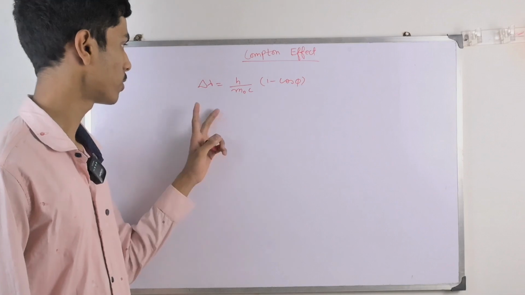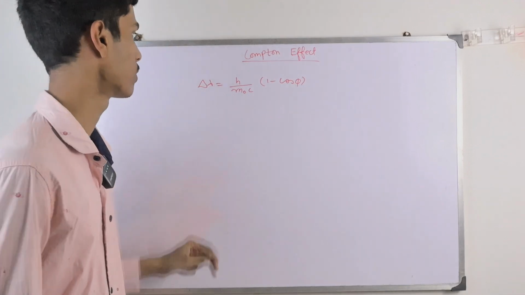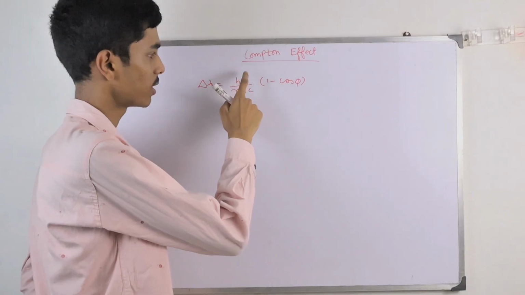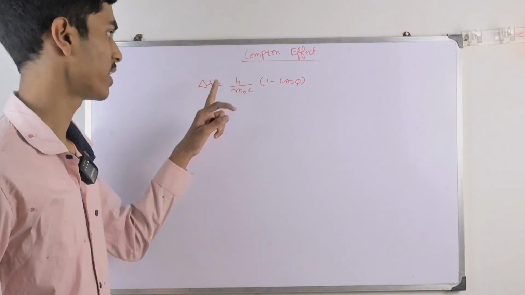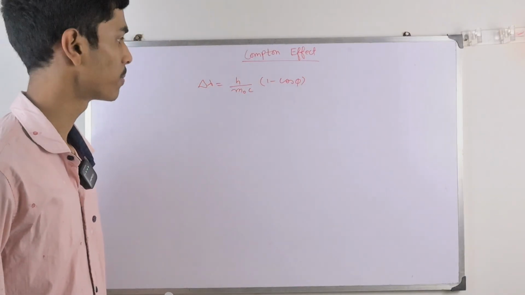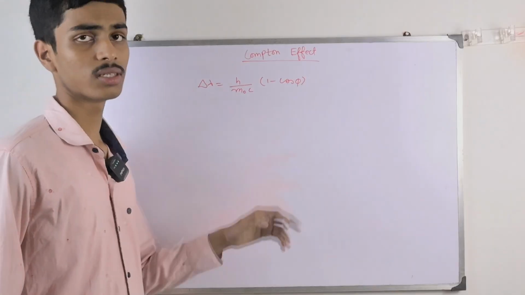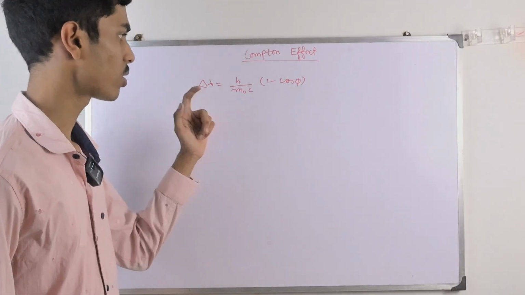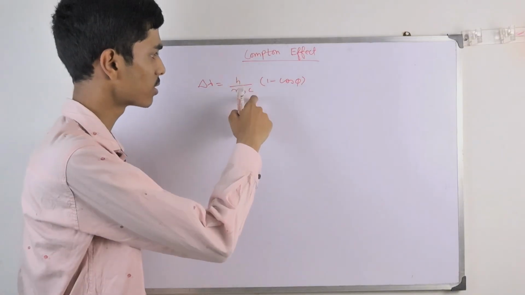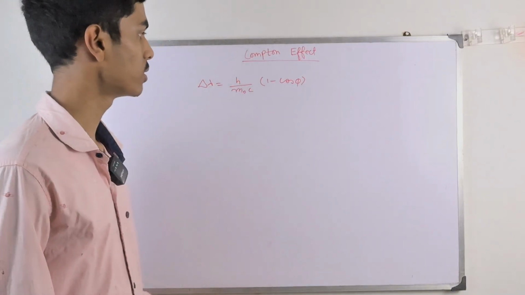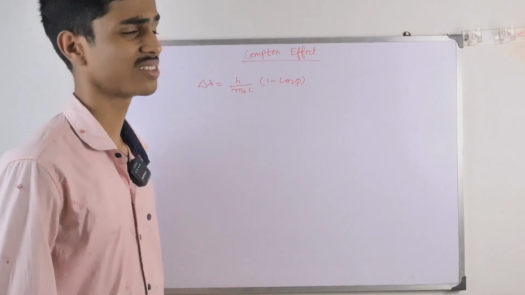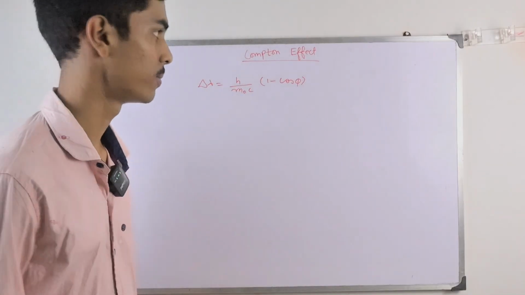Before that, you already know that h is Planck's constant and c is the speed of light in vacuum. These two are constant terms. m naught is the mass of the particle for which the Compton effect is observable.